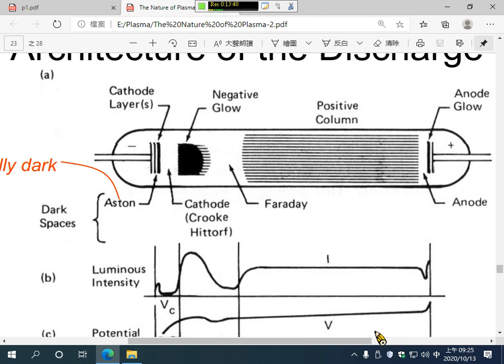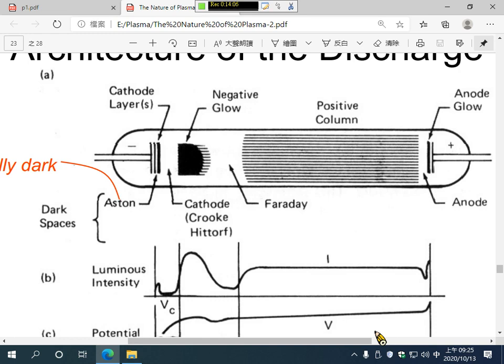Usually the energy of the ion is much higher than the energy of the neutral atom, so the recombination will emit UV light.